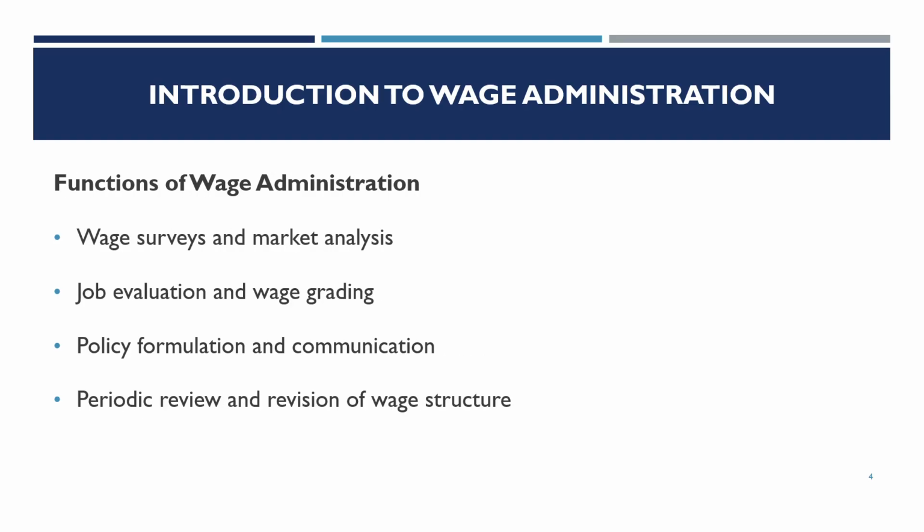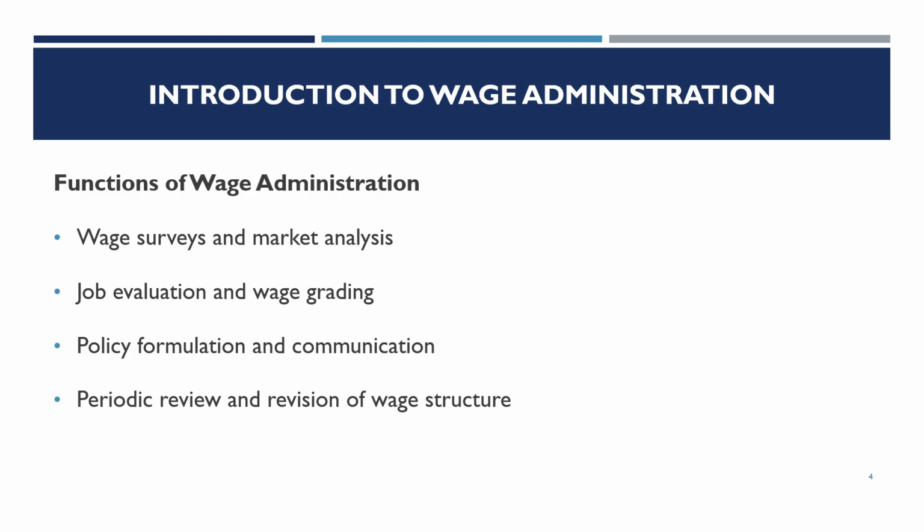So, the next point is the functions of wage administration. Wage administration also involves several core functions. The first is conducting wage surveys to benchmark against your competitors. It means you have to do market analysis.